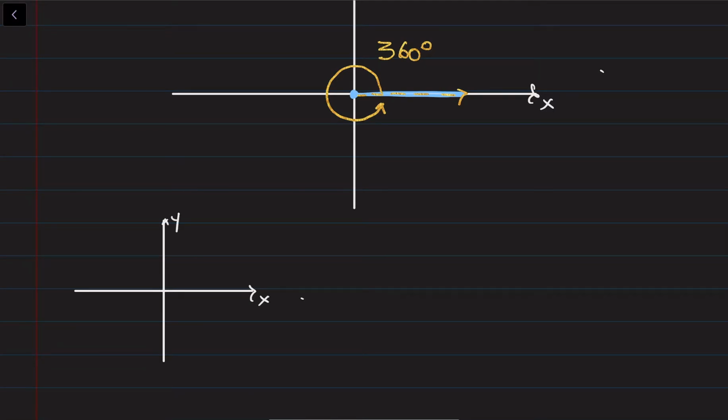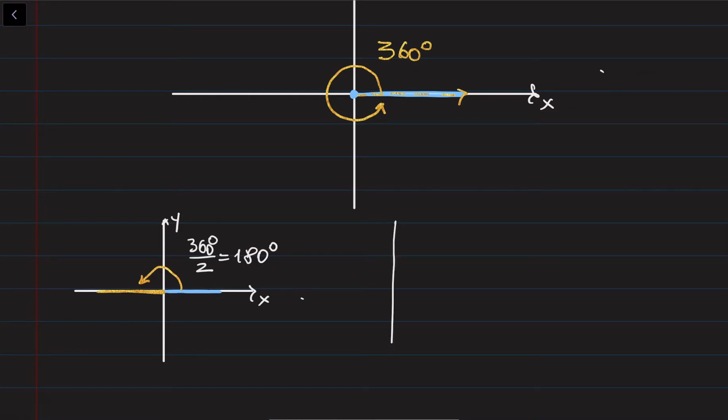If I have the initial line here and I rotate the terminal line until I get it here, then this is exactly half of 360 degrees. So this is 360 degrees divided by 2, and that's why this angle is measured as 180 degrees.